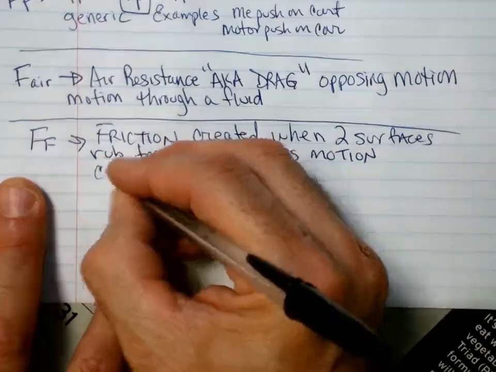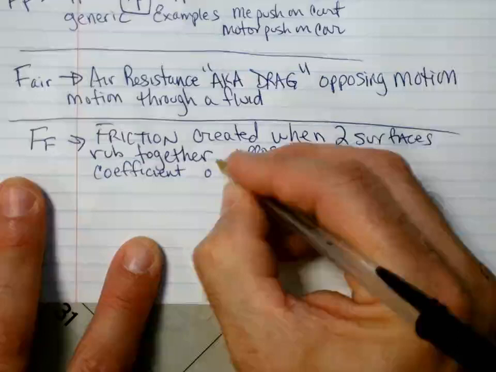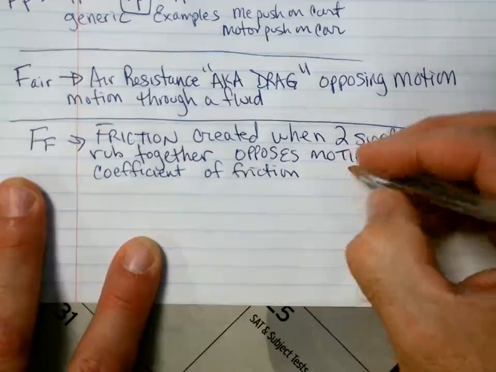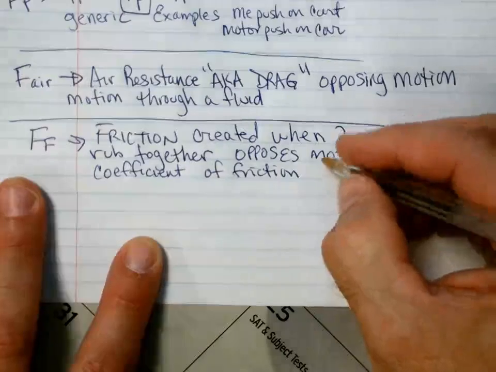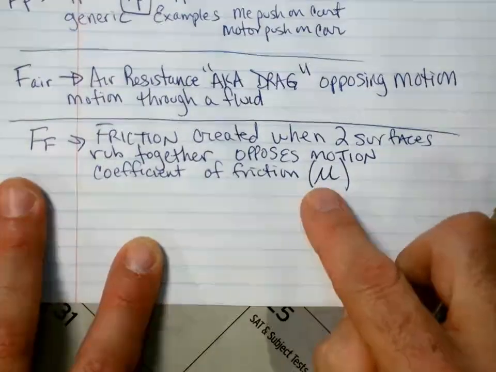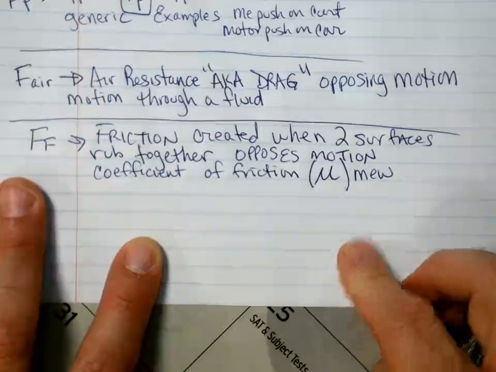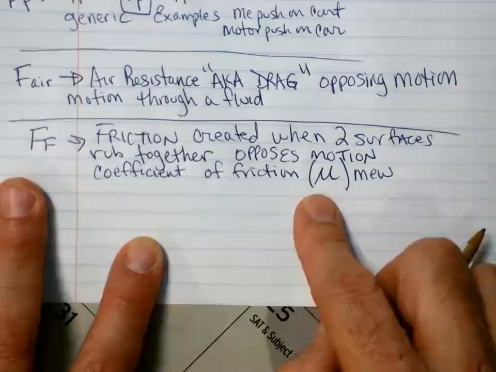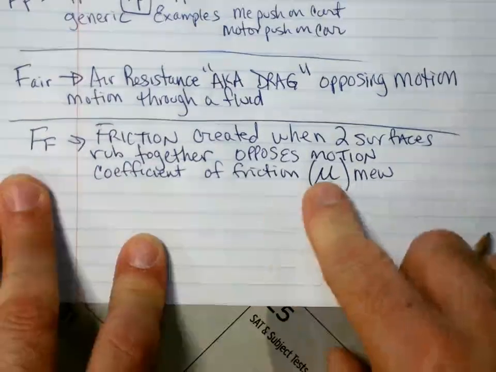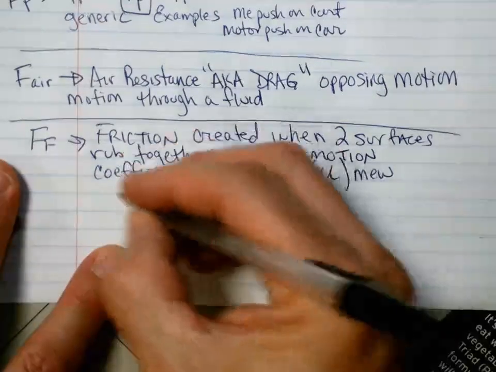One thing that friction depends on is something called the coefficient of friction. The coefficient of friction is symbolized or written as the Greek letter mu, which looks like a cursive U. It's pronounced mu, like a cat. It's really a small case Greek letter M, but it looks like a cursive U in English.